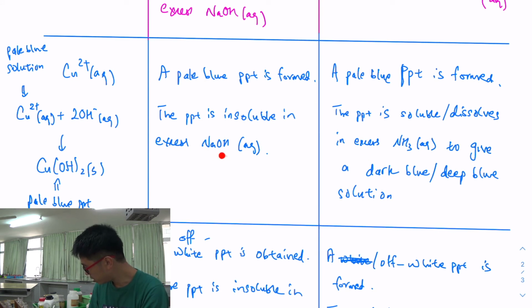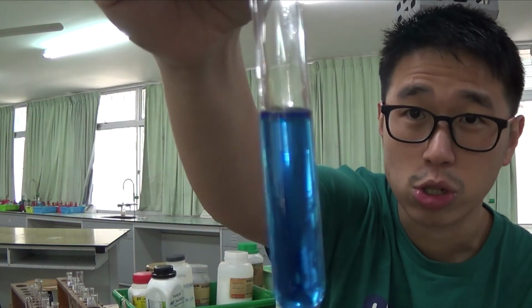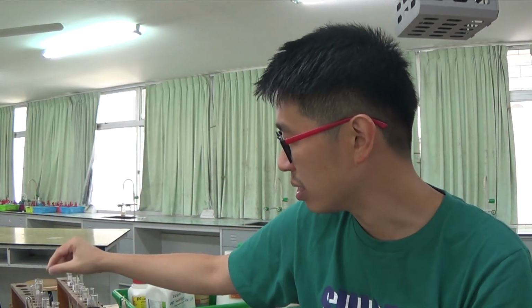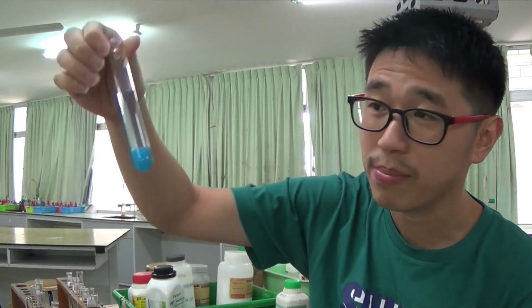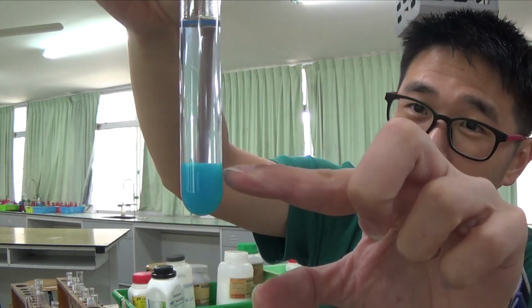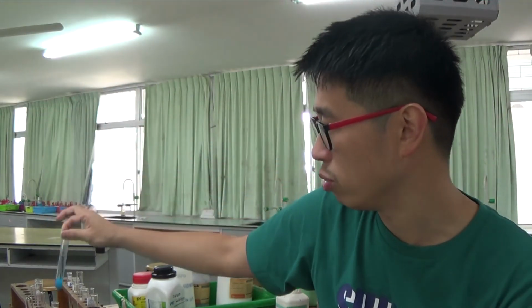Copper 2+ aqueous, the differentiated results in the presence of excess NaOH as well as in excess NH3. This dark blue or deep blue solution, very beautiful solution in excess NH3 for the copper 2 hydroxide, because there's an underlying reaction that I won't talk about here. This was in excess NaOH. The precipitate is still around, they remain insoluble, that's why they're at the bottom. This is just the NaOH solution, which is mostly just water lying around.